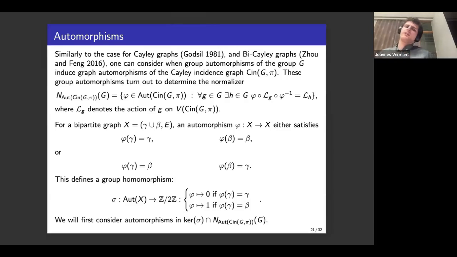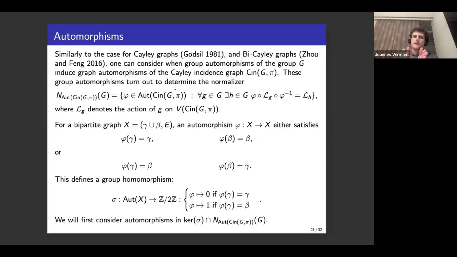For both Cayley graphs and bi-Cayley graphs, this was first proven by Godsil in 1981, and later by Zhao and Feng in 2016 for bi-Cayley graphs. One can consider when a group automorphism of G induces a graph automorphism of the Cayley graph, bi-Cayley graph, or now Cayley incidence graph.